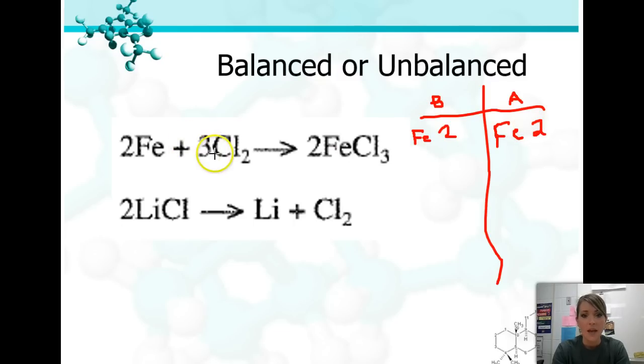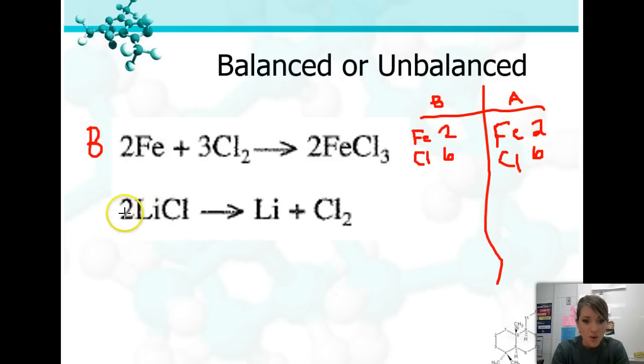Before we have 2 Cl, Cl2, but we have that 3 times because we have a coefficient. So for Cl, we have 6 atoms of chlorine. And here we have Cl3, so that's 3 atoms of chlorine, but we have that twice, so we have 6 Cl. So this one is a balanced equation.